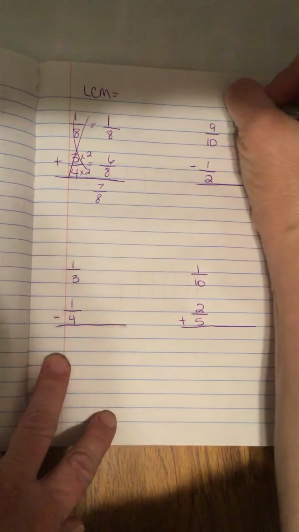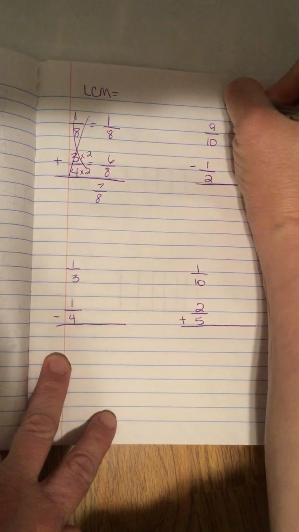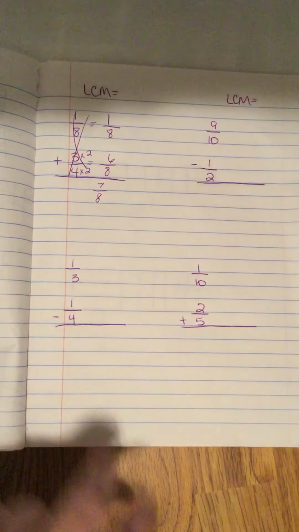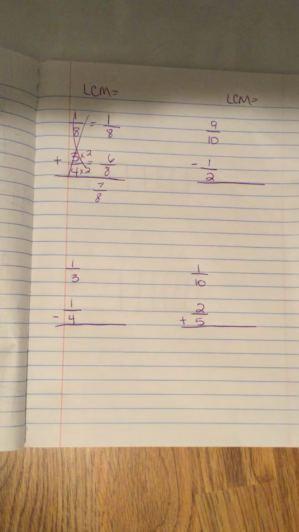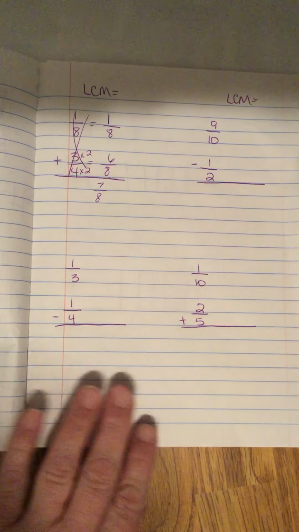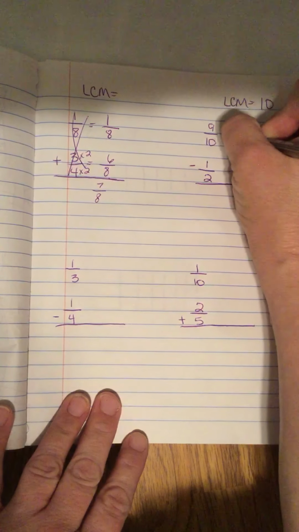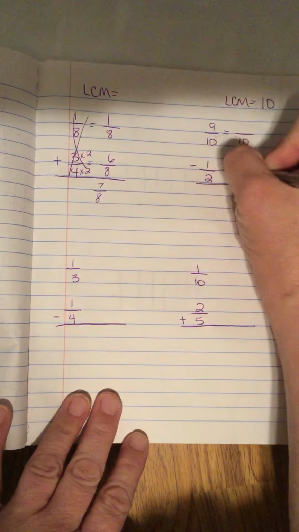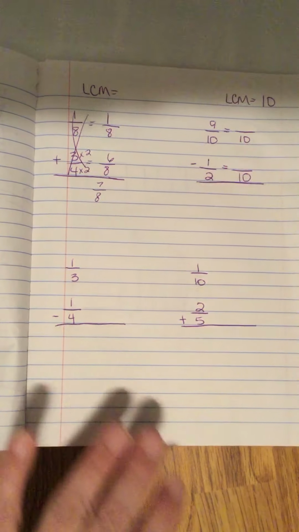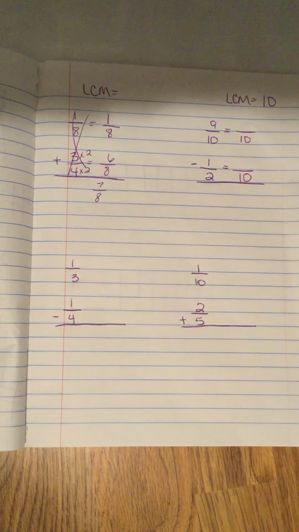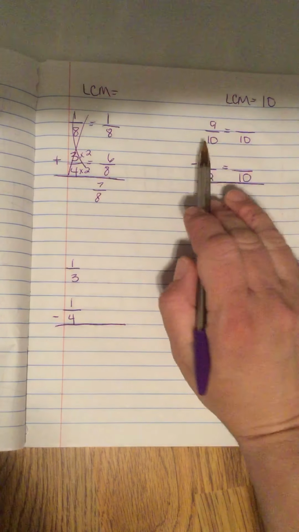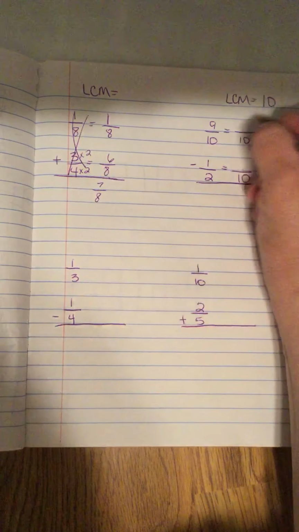Okay, find the LCM of 10 and 2. Okay, you should have gotten 10. Make your equivalent fractions. Okay, 9/10 is going to be equal to 9/10.